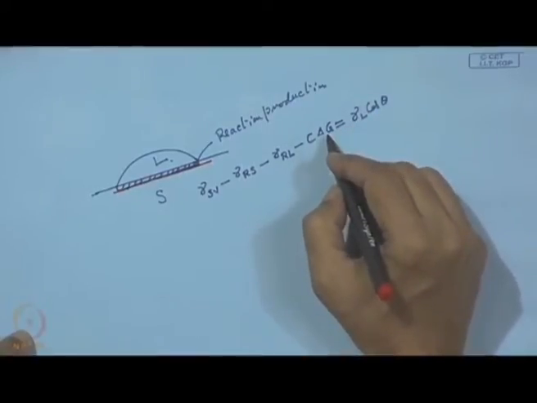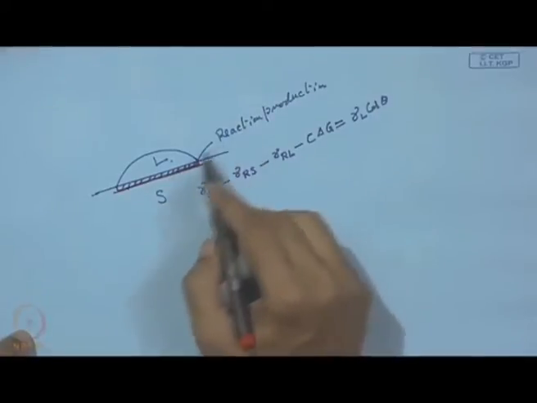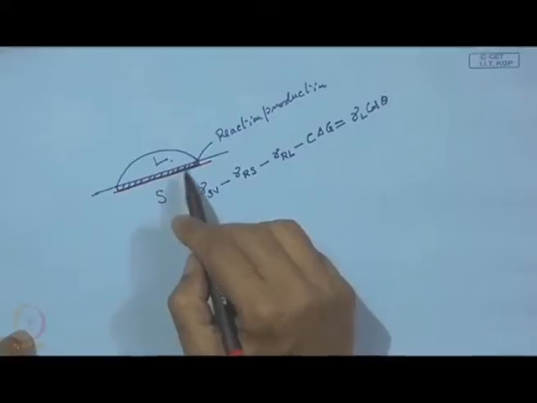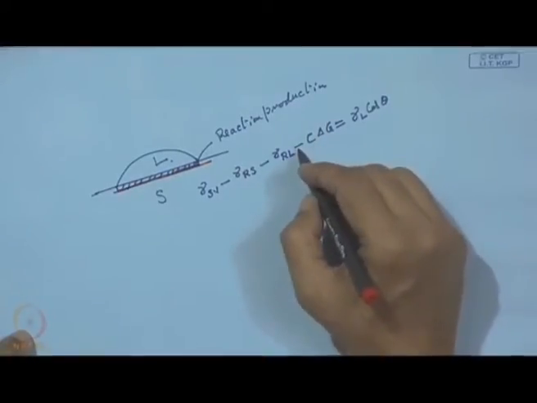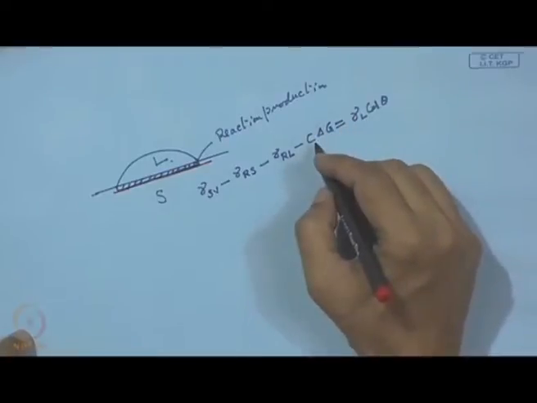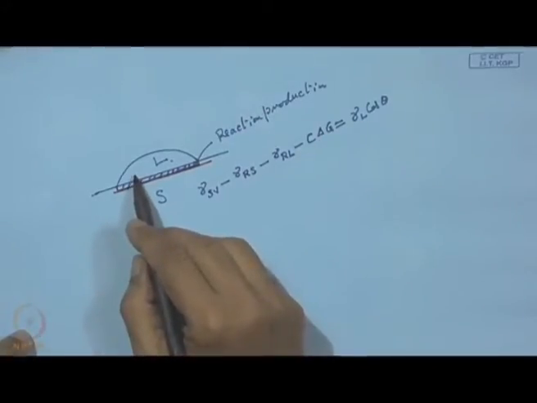Now, this delta G is the free energy change of this reaction. That means this reaction has taken place associated with some change in free energy which is negative in nature, and that is why we bring this delta G with a coefficient C, and this coefficient C depends upon the stoichiometry of this reaction product and also the number of moles of the reaction product which is formed per unit advancement of this liquid drop.